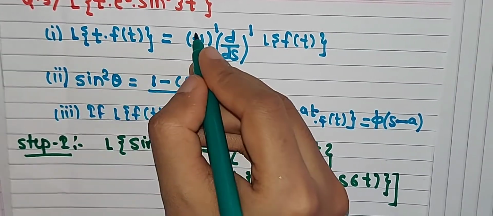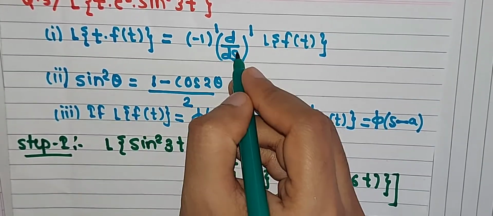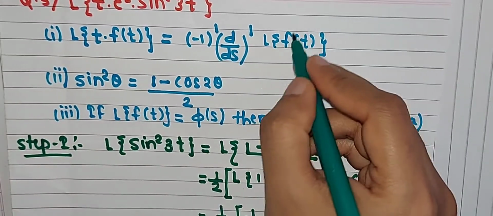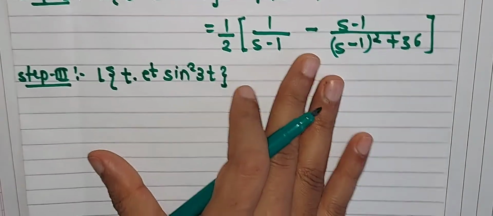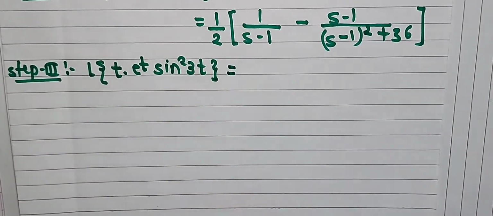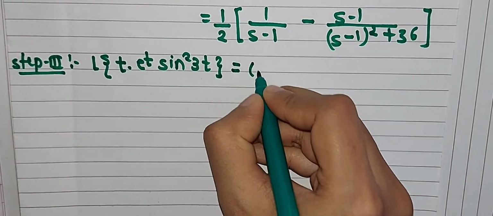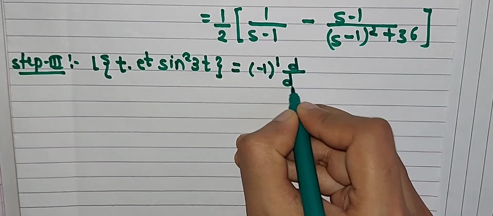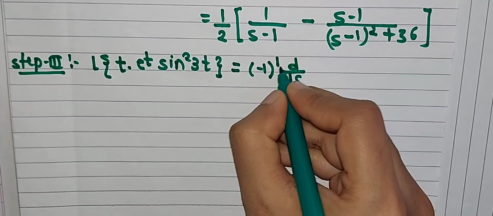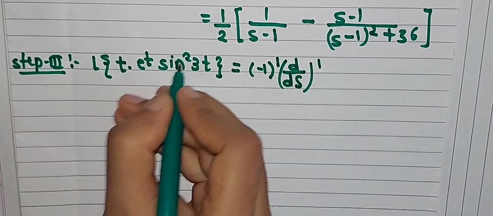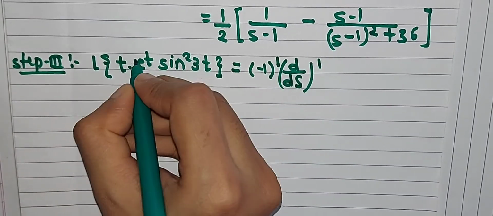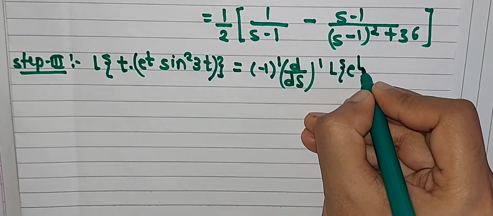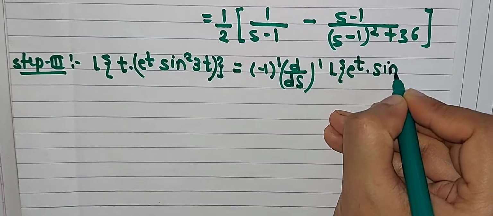Here t has power 1, so minus 1 will contain power 1, d by ds will also contain power 1, and we apply Laplace on my second function, that is Laplace of e raised to t into sin square 3t.